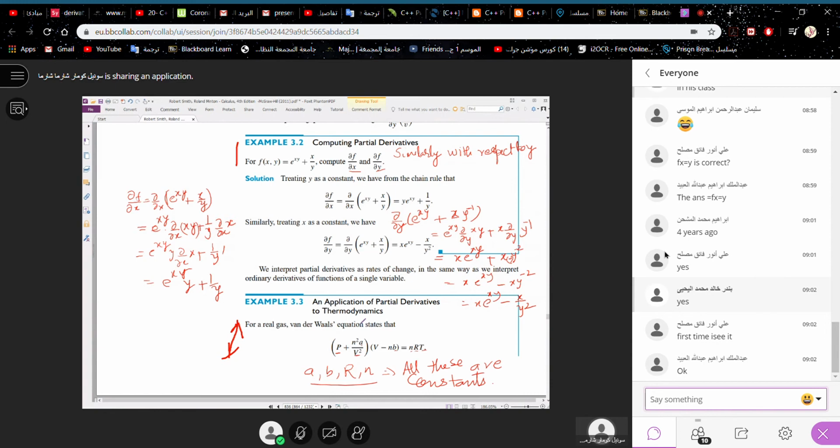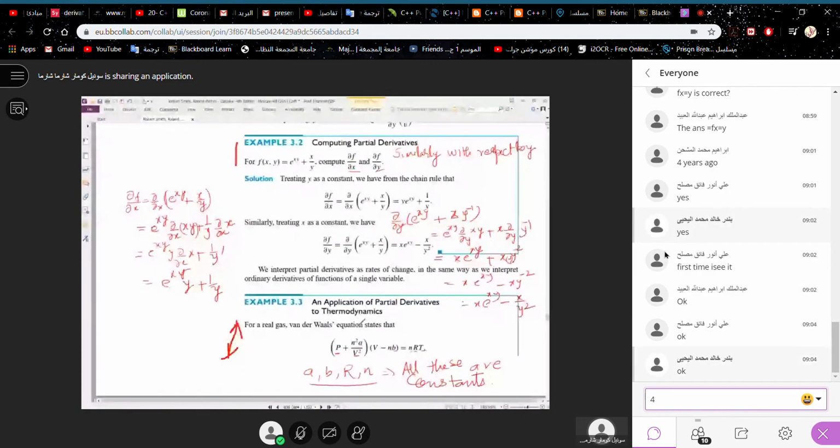For a real gas, the van der Waals equation states that (P plus n square a upon V square) into (V minus nb) equals nRT. Note this down, then we will go to the next.